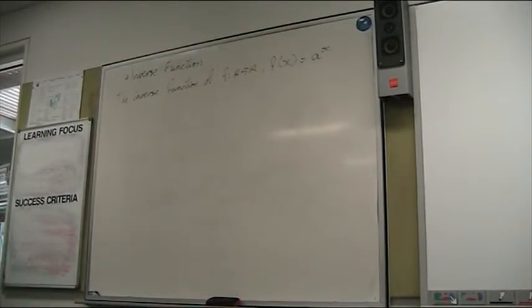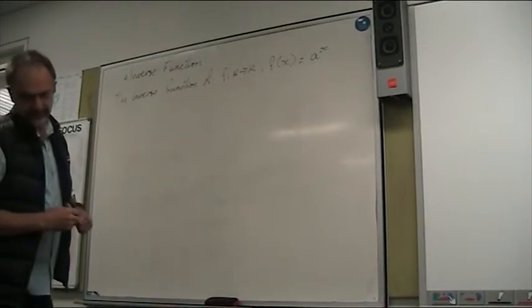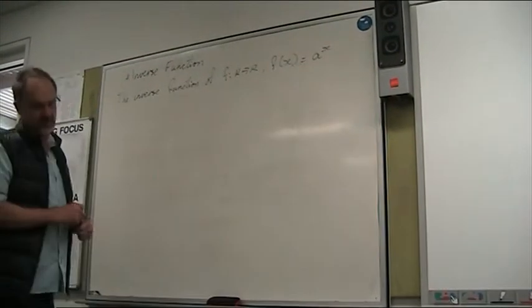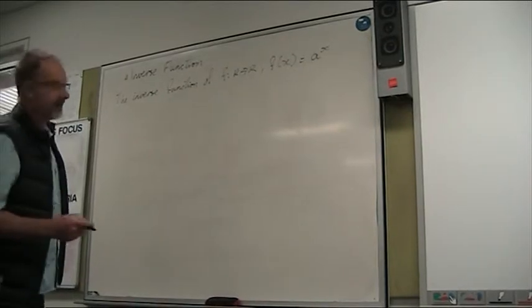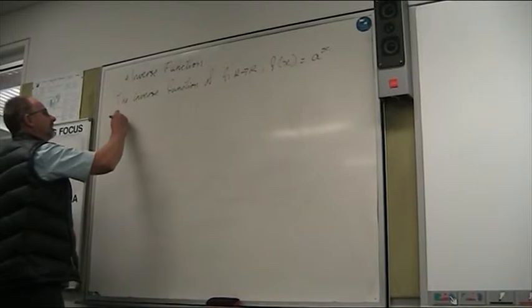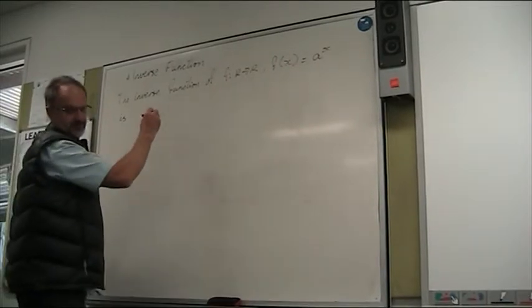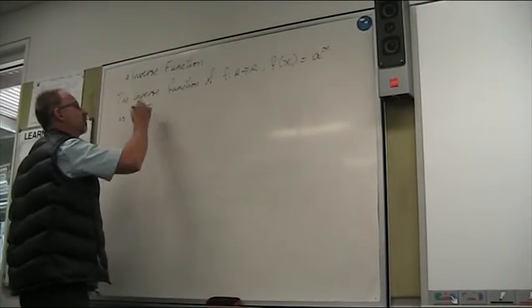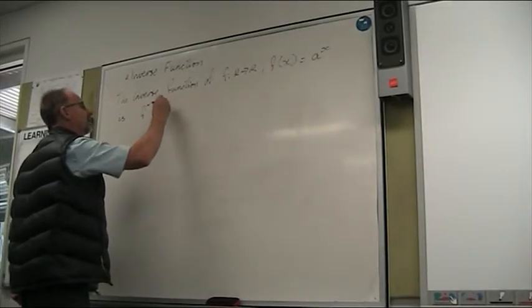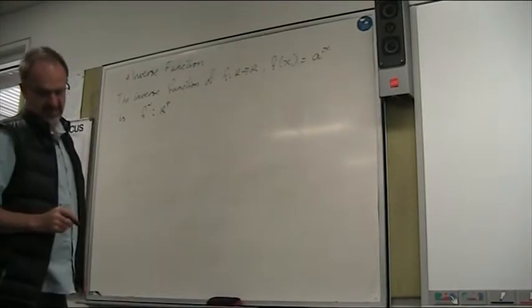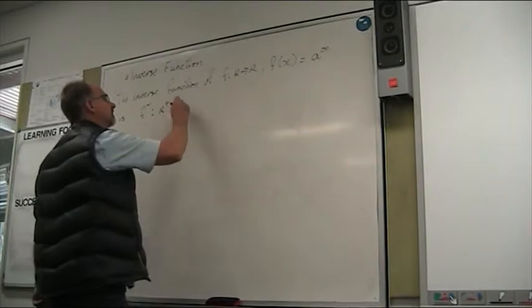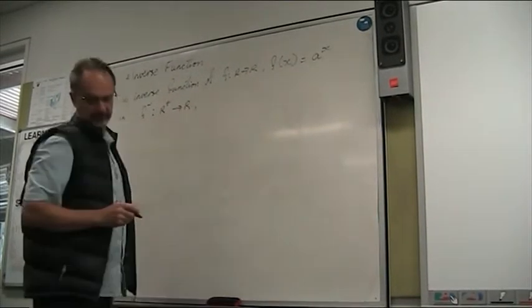All right. So if we have an exponential, f(x) equals a to the x, then the inverse of that is the function f minus 1, where x is in R positive, there's a restriction on the domain of this.